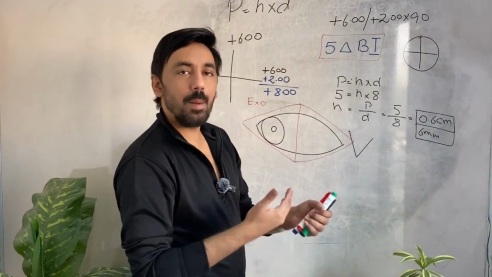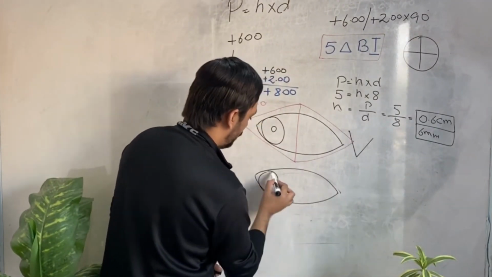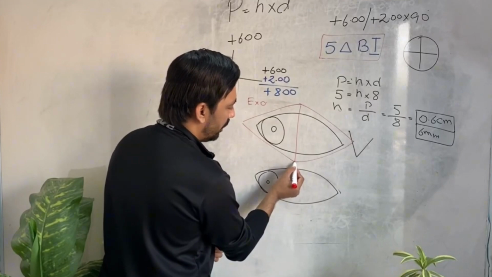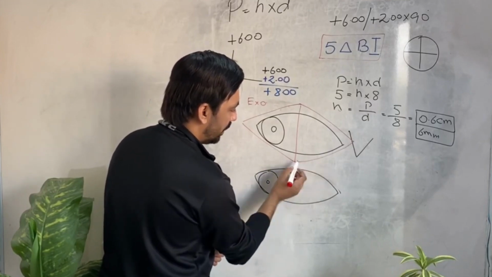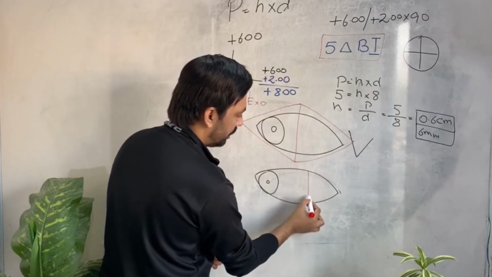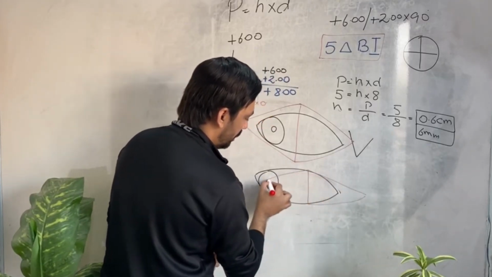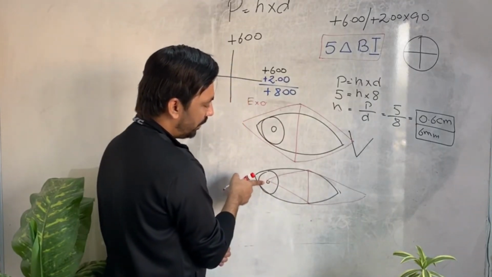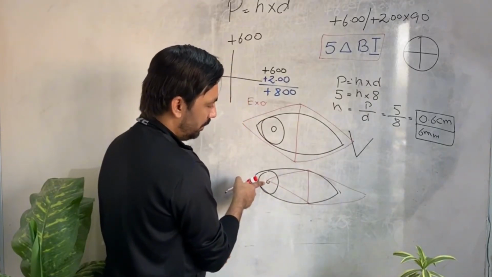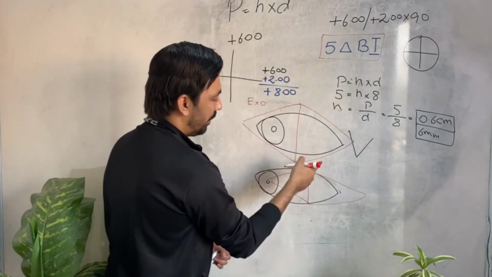I want apex towards the deviation. You see, the apex is exactly in front of the deviation, right? So this is giving the base in effect.